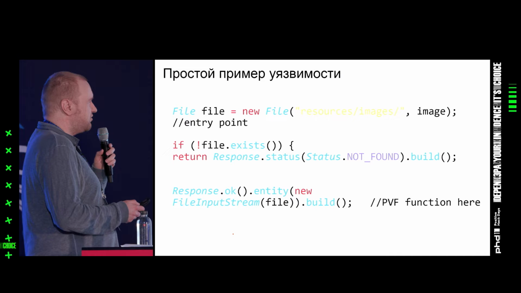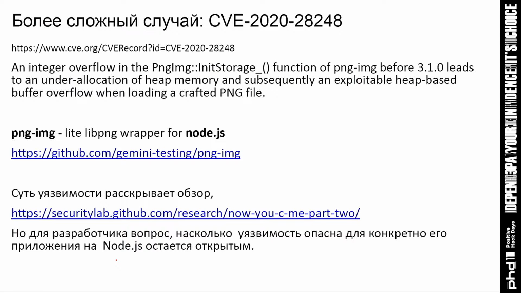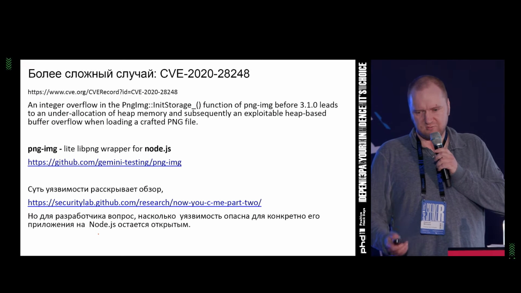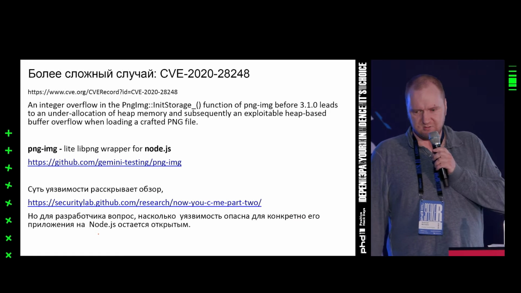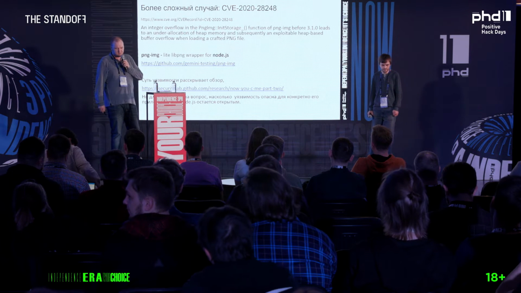Let me give you some more information on what type of vulnerabilities we're talking about. On this slide, we're giving you an example, CVE-2020-28248. Looking at the official information on this CVE, you'll see just 3 lines, and all you can understand is that it's an exploitable heap-based buffer overflow, and that's it.